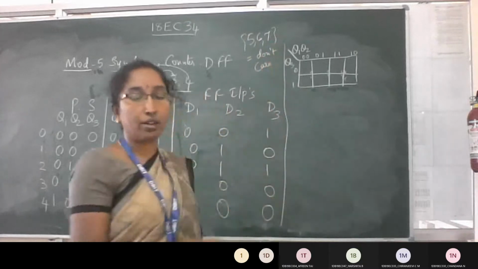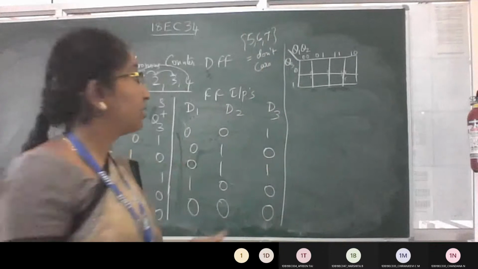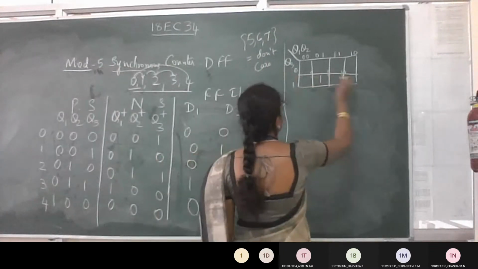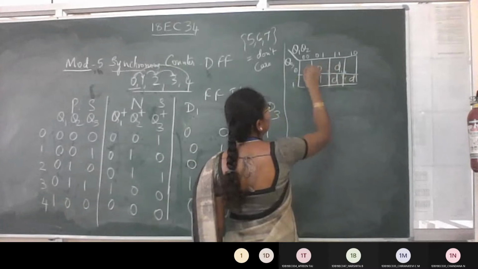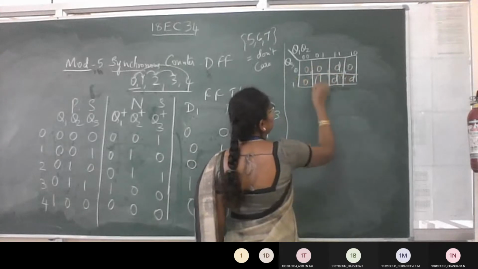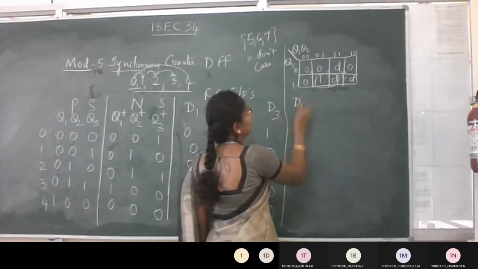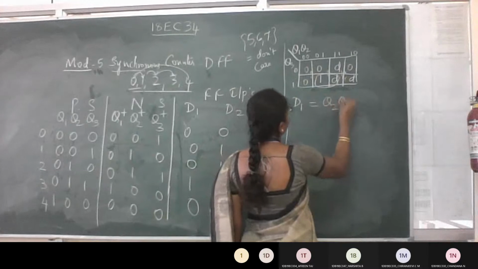You can write X or underscore or D. 3 notations are used for don't care. So only for 3 it is 1, 5, 6, 7 are don't care, and the remaining are 0. So now you will get one pair, and you will get an expression for D1. The D1 expression will be Q2, Q3.